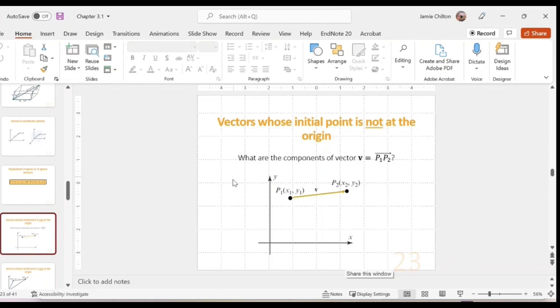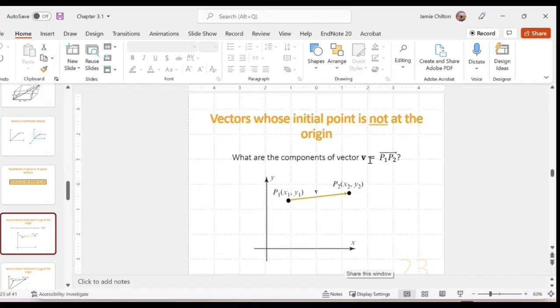Remember that we can represent a vector V. Keep in mind what we also learned about vector notation: vectors are lowercase letters in bold. To represent a vector that has an initial point and a terminal point, we can list those points. Here they're called P1 and P2, and we draw a little arrow over them to indicate that we are talking about a vector.